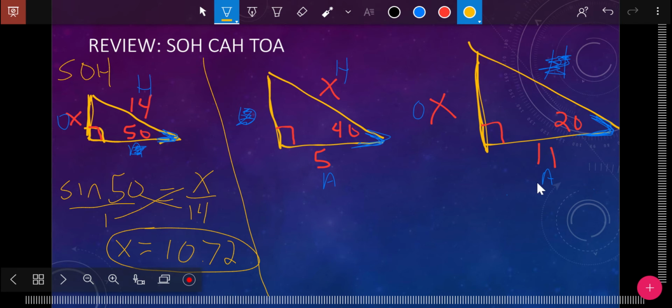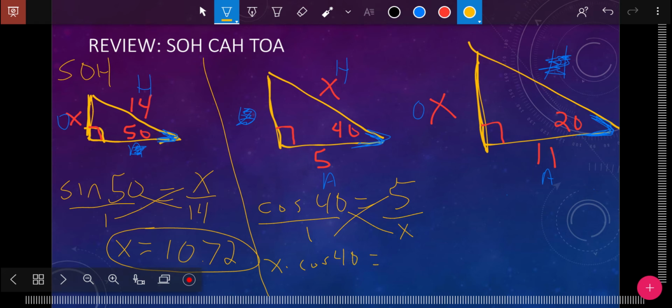This one is A and H, so it's cosine of the angle, which is 40, is A over H. So A is 5 over H is x. Here when I cross multiply, I get x times cosine 40 equals 5.